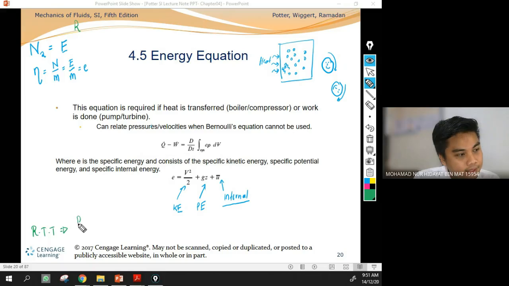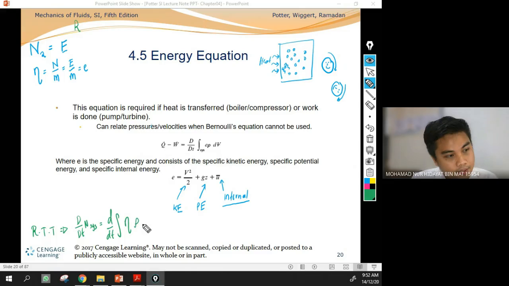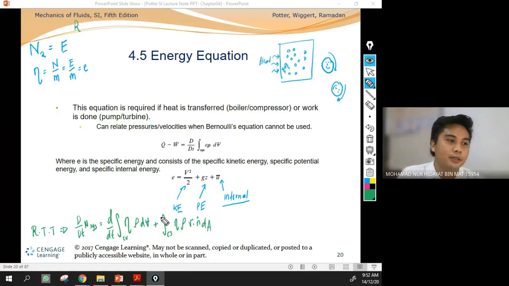It is dN/dt of the system equal to d/dt of the control volume integral of intensive property times rho dV, plus the control surface integral of intensive property times rho V dot n dA. So this is the basic RTT, Reynolds transport theorem.